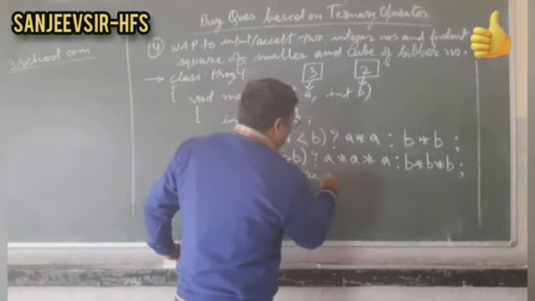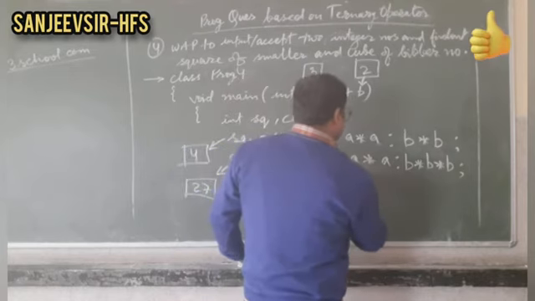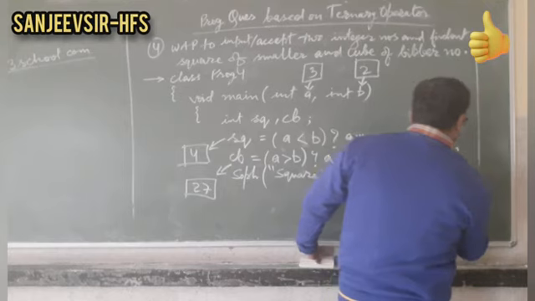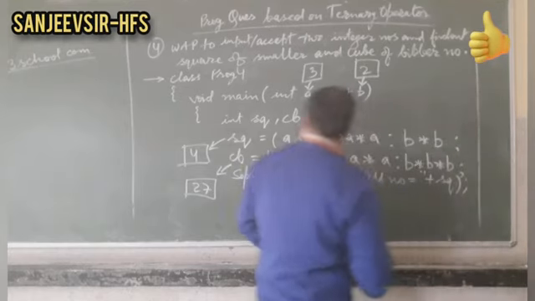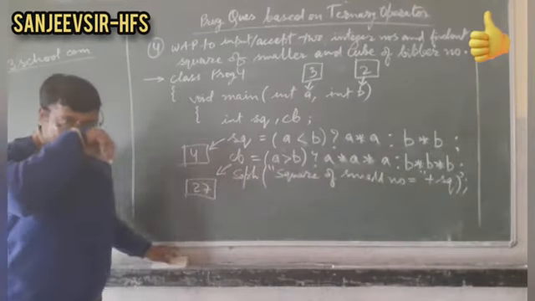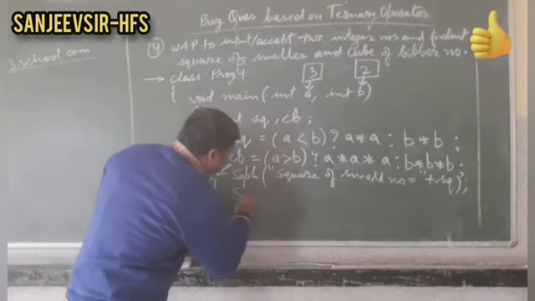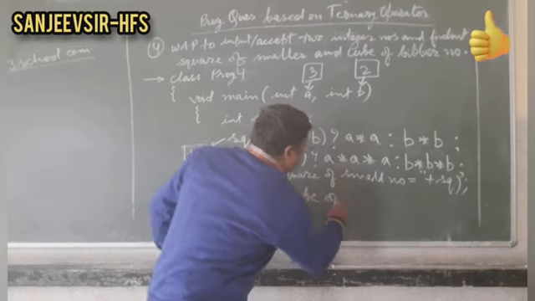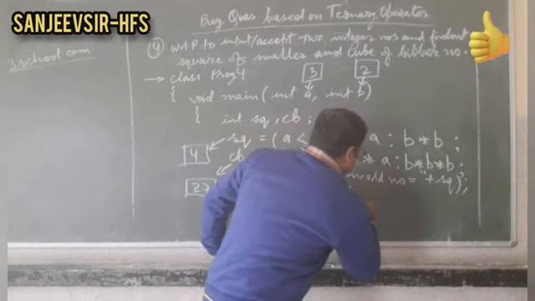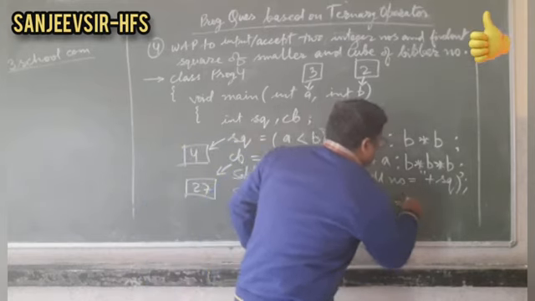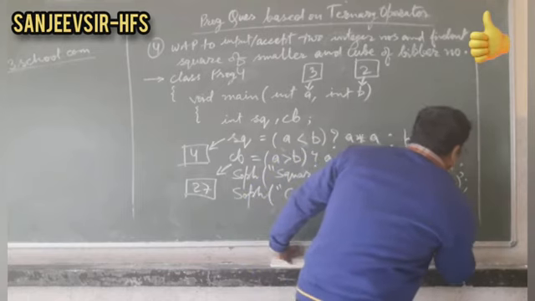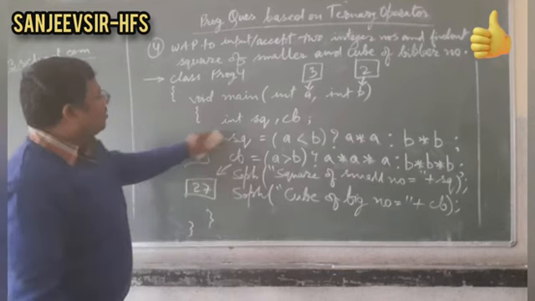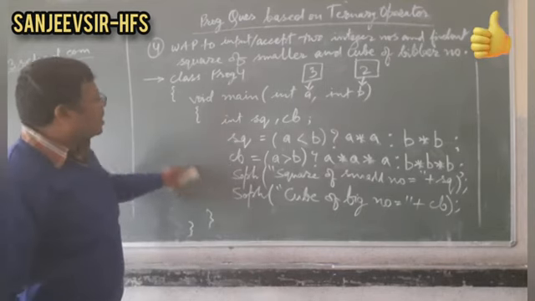Square of the small number is equal to plus S cube. Cube of the big number is equal to plus CB. This value we erase, that was only for understanding.